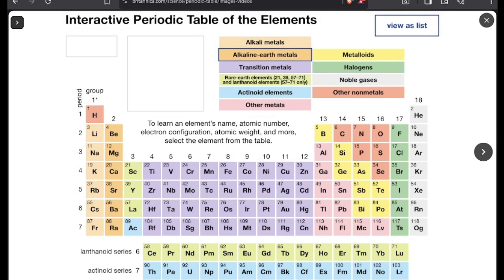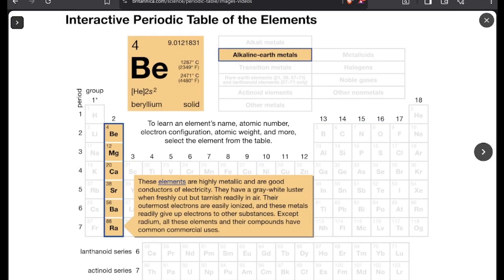Similarly, if we click on alkaline earth metal, we can see the second group, the metals in the second group are called alkaline metals.